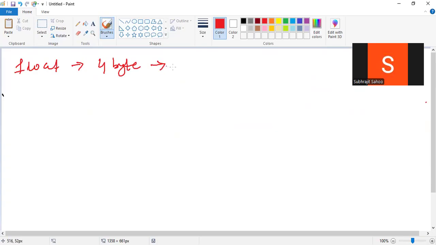The range is 3.4 into 10 to the power minus 38 to 3.4 into 10 to the power plus 38. There is no signed or unsigned terminology for float, only the float data type. The range is minus this much to plus this much.